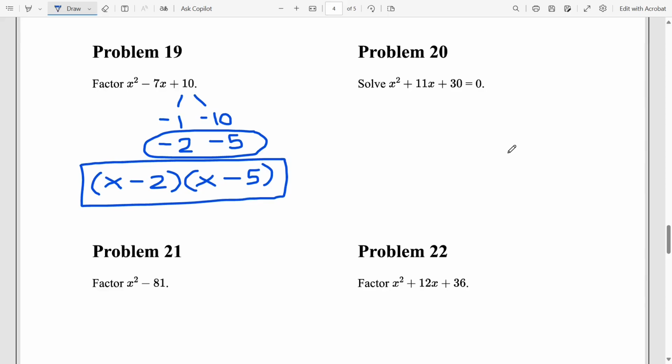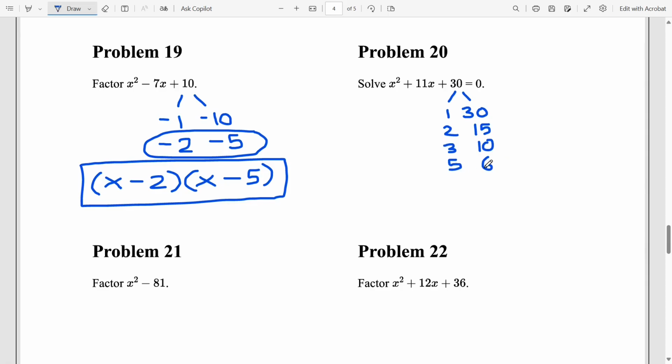All right, next one, we're solving. And we'll solve by factoring. It's solving x squared plus 11x plus 30. So first off, we want to factor it. We have a plus here and a plus here, so I'm going to list the positive factors of 30. Those are 1 and 30, 2 and 15, 3 and 10, and 5 and 6.